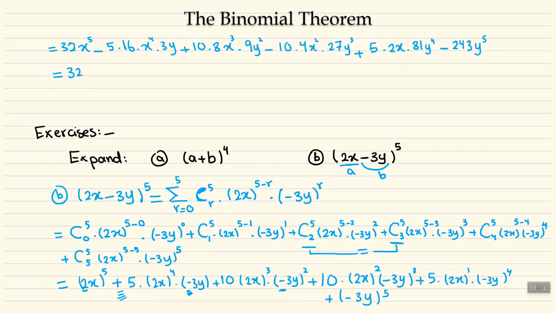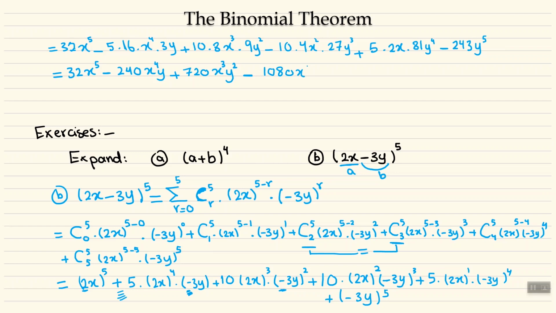We can just simplify our answer eventually. So we get 32x to the power of 5 minus 5 times 16, we get 80, and 80 times 3 is 240. So 240 x to the power of 4 y plus 9 times 8 we get 72, and 72 times 10 is 720. So 720 x cubed y squared minus 27 times 4 we get 108. 108 times 10 is 1080.